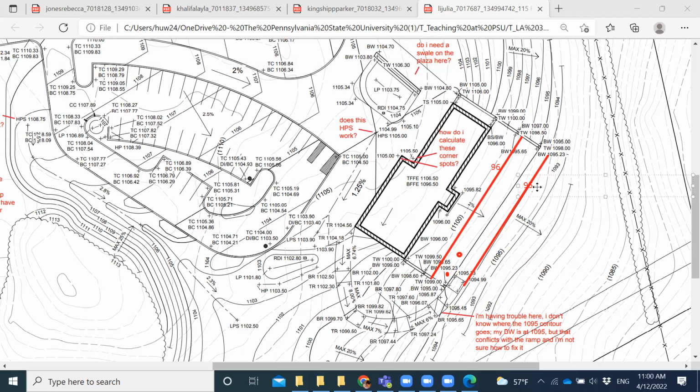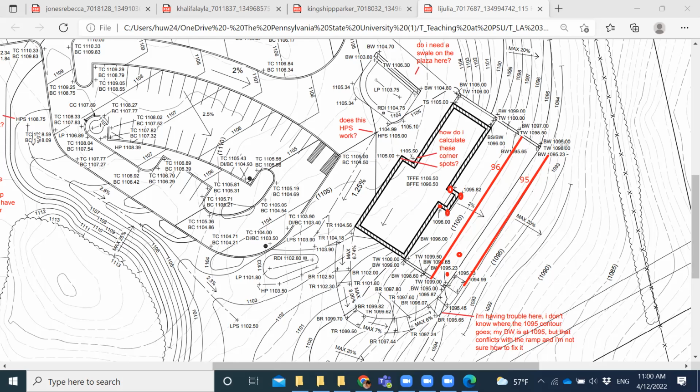The door. Yeah. No. The inner corner, this one would be higher. Those would be higher because they need to drain out.